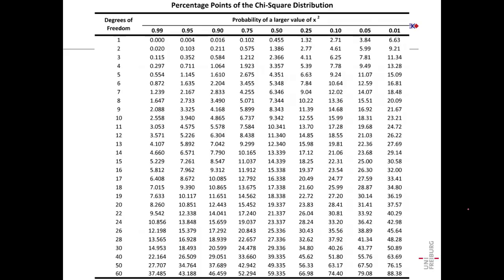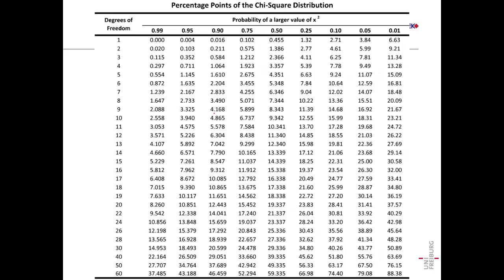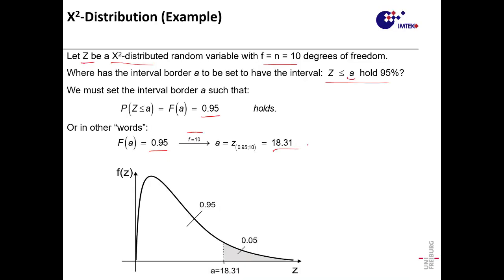Since we are looking at the interval that is less than A at 95%, and the table gives the area larger than A, you have to look at 0.05 instead of 95%. Then you look for 10 degrees of freedom, and you get here 18.31, and this is what I have here.